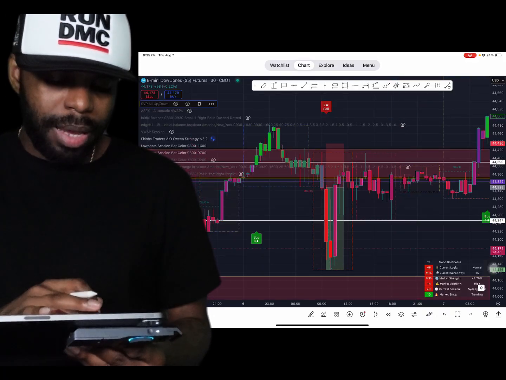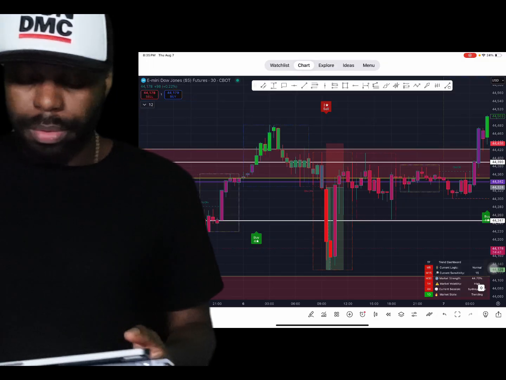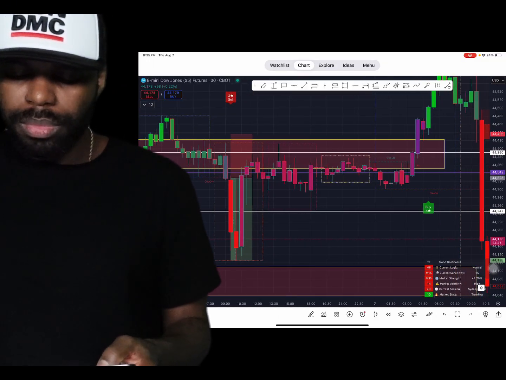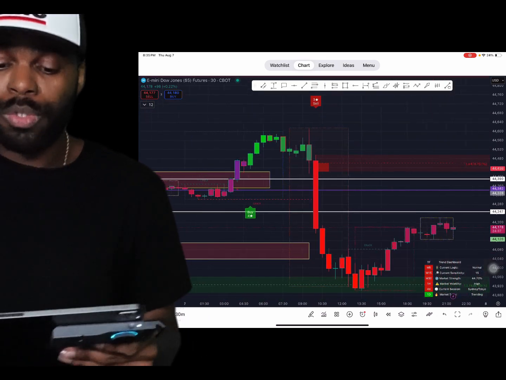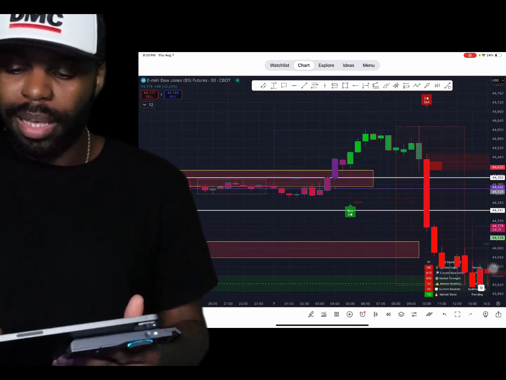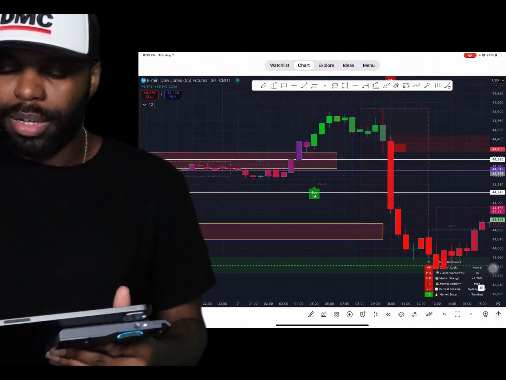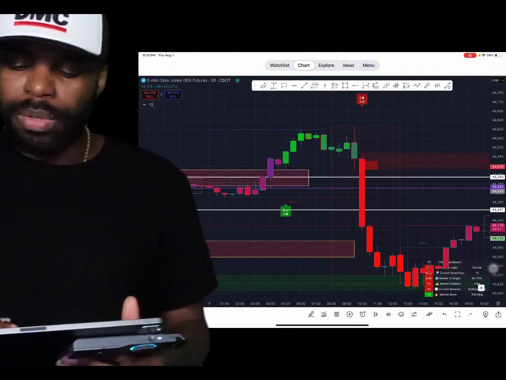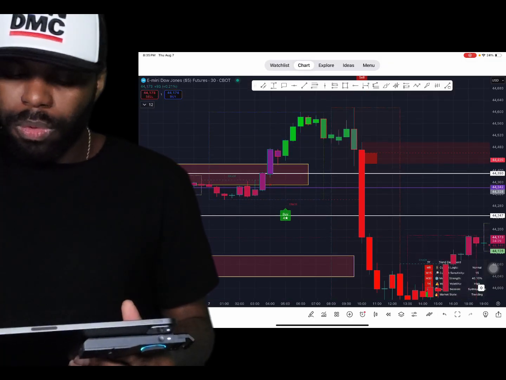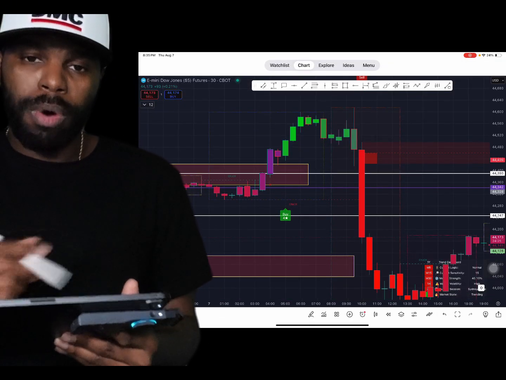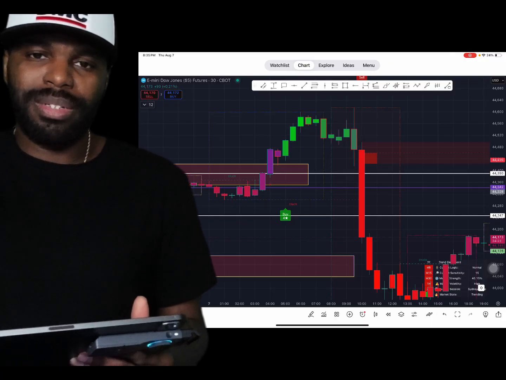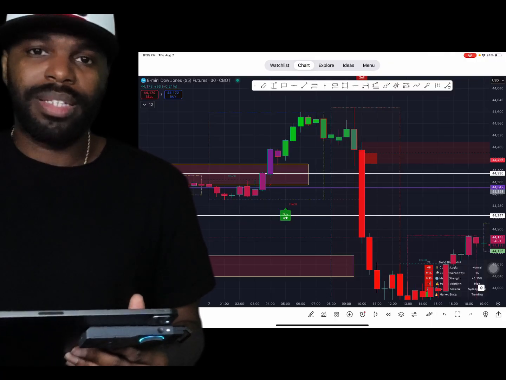After I mark up those three levels, I hide the indicator because I don't want too many indicators on my chart. So after I mark those levels up, let's say we're going into today's U.S. session. This is today's U.S. session right here. Now I know where price could come to, because normally when you mark up these three levels, price likes to target these key levels.